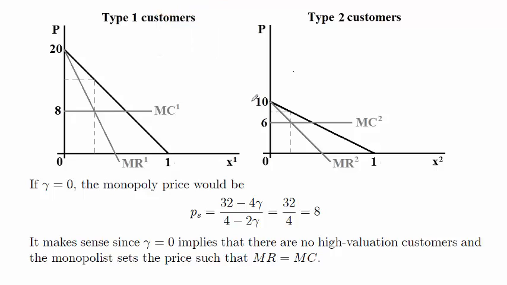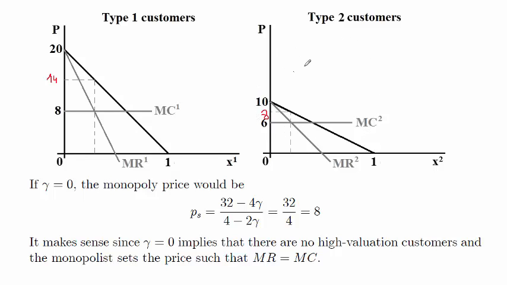We were saying that the price is going to be between 8 and 14, and that gamma equal to 0 would mean that there are no type 1 customers. So the monopolist will simply focus on type 2 customers.